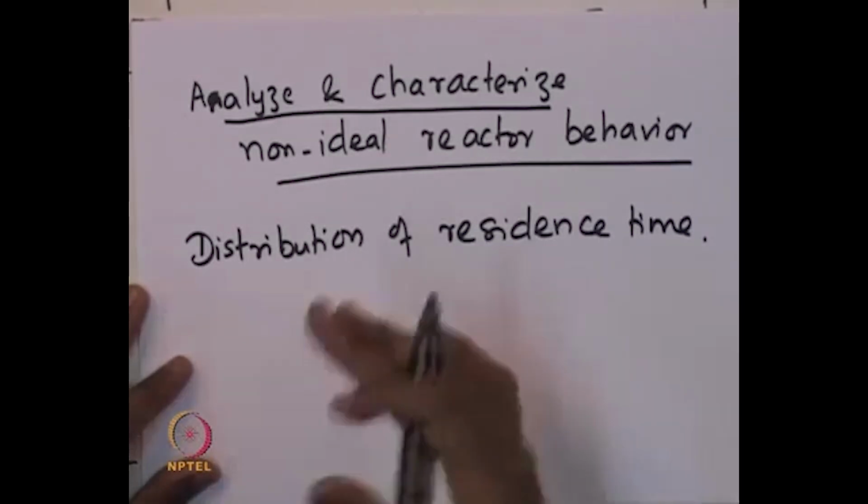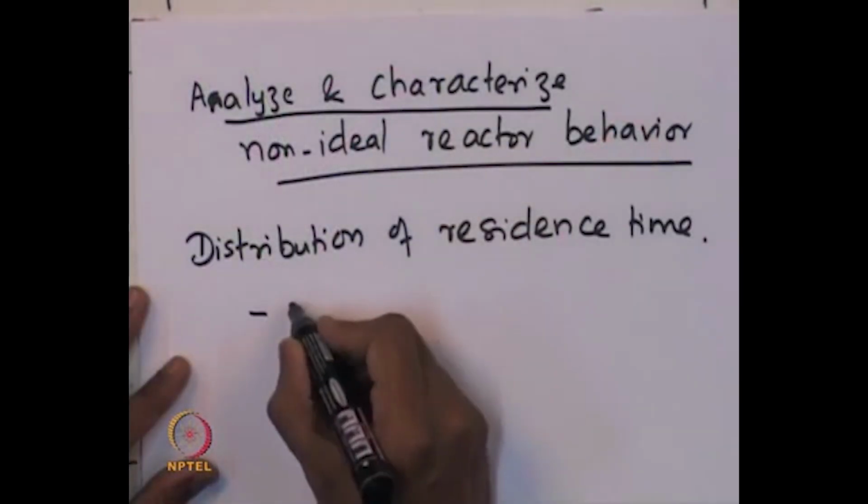In the rest of this lecture, we are going to look at several examples of non-ideal behavior that has been observed experimentally in real systems, and also look at some of the definitions of residence time and the different ways to capture the residence time distribution. That is going to be the objective of this particular lecture.